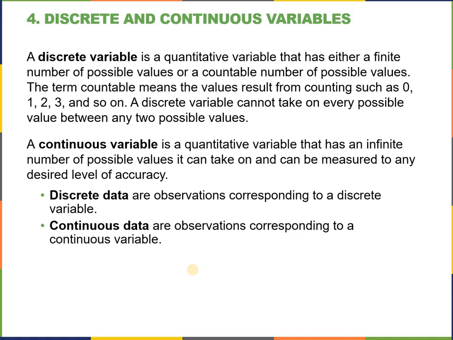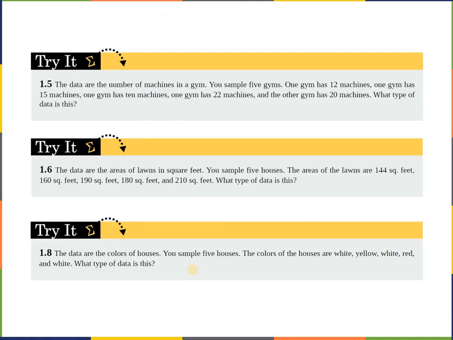Maybe some of you eat 10.9 grams of carbs per day. So these numbers, as you can see, can take on in between values. They can be fractions, in other words. So that is what we call a continuous variable. The data that is collected from a continuous variable is called continuous data.